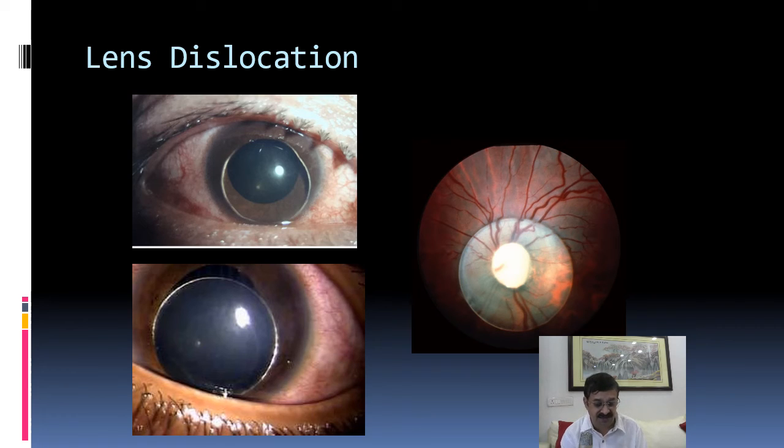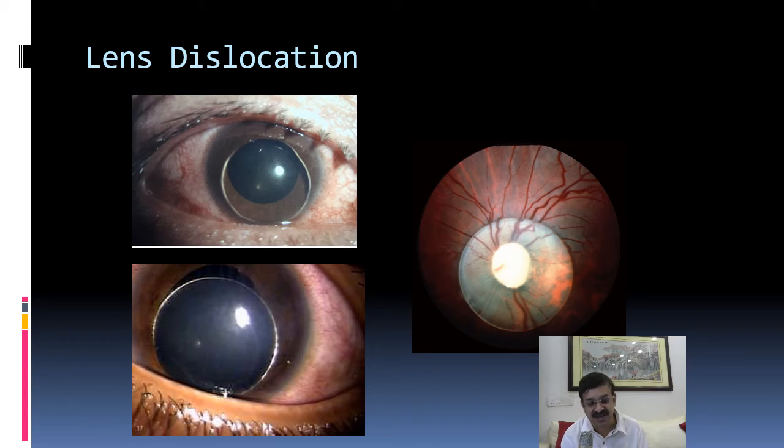Now lens dislocation. There is something which must be told about dislocation and subluxation. Subluxation is basically displacement of an organ, but a part of it still remains within the anatomical position.